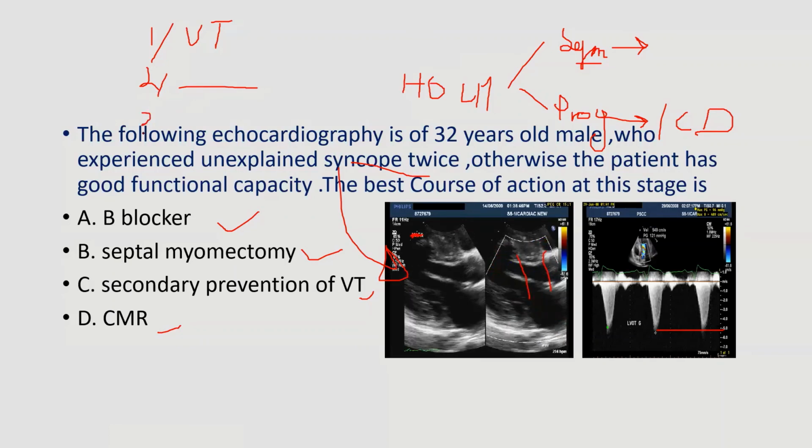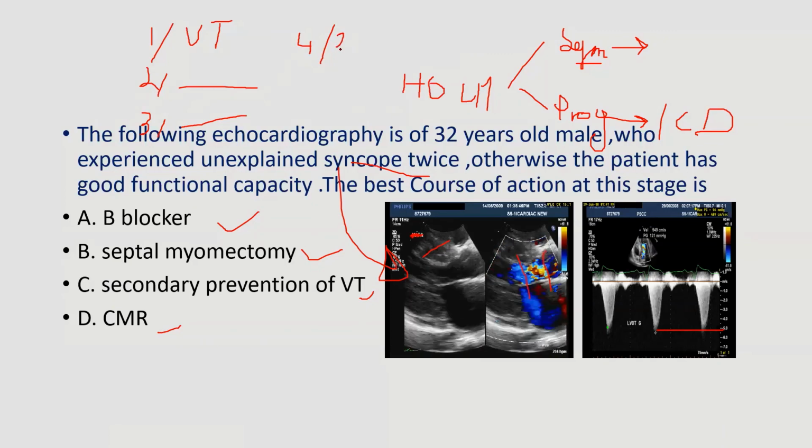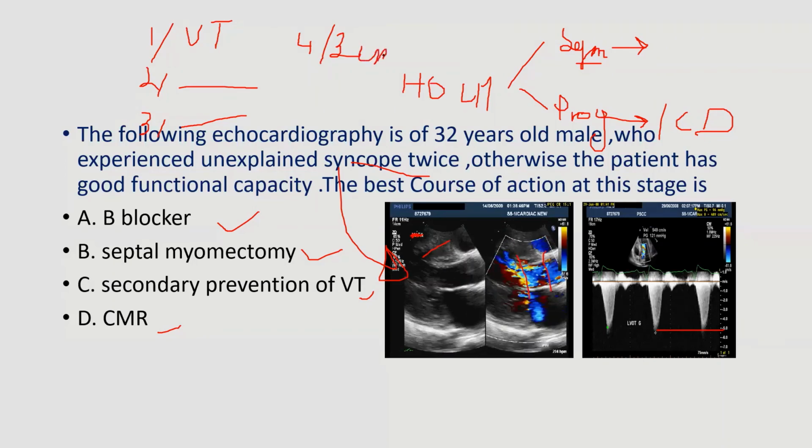Three, family history of sudden cardiac death. Four, septal thickness. If this thickness is big, like 3 centimeters, if the septal hypertrophy is 3 centimeters, that's a problem. These are the conventional ones.